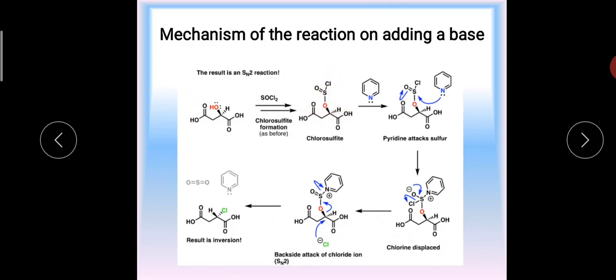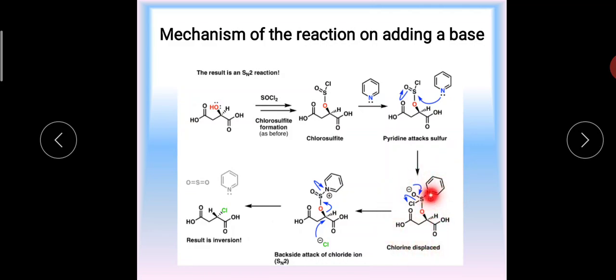So what happens? This lone pair of electrons moves towards your sulfur. As a result, the sulfur-oxygen pi electrons move towards your oxygen, and then your chloride is expelled. Once your chloride is expelled, it leaves this molecule, and now it is free to attack from either this side or this side.